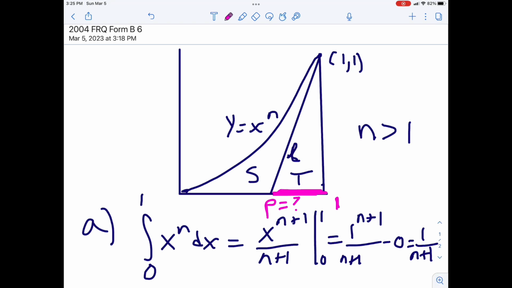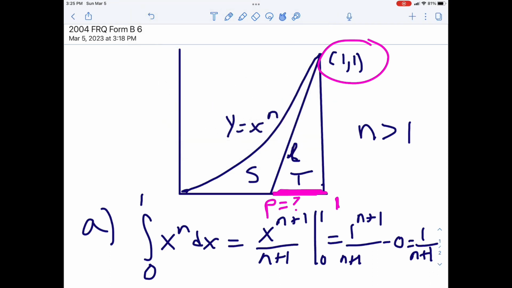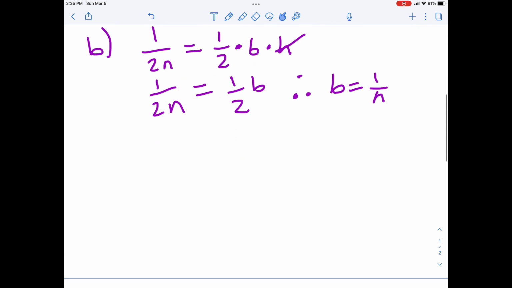So for any line, you could find an equation as long as you have a point, which is (1, 1), and a slope. Though they don't tell us our slope, we do know that L is tangent to the graph x to the n at the point x equals 1. So I can use that to solve for the slope.